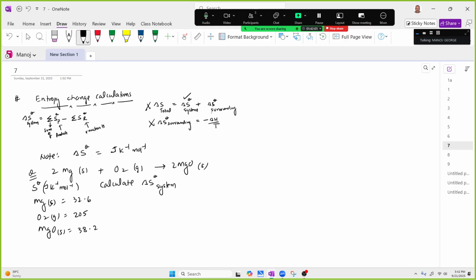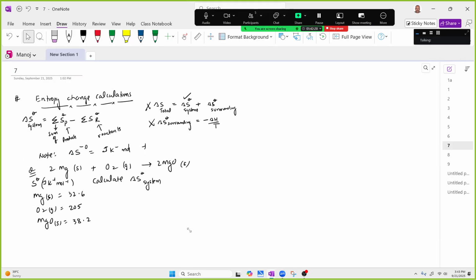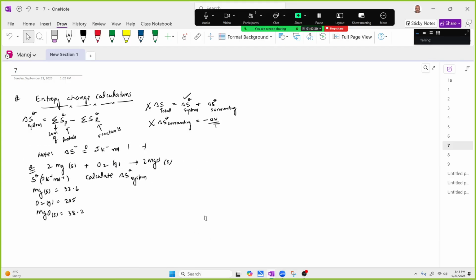When we say find entropy change, it is only for the system for you. So I've already given you the formula. Let me know when you have the answer.